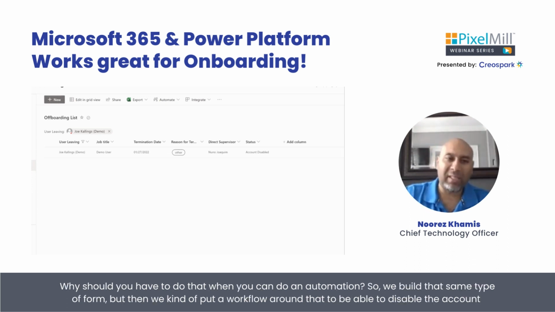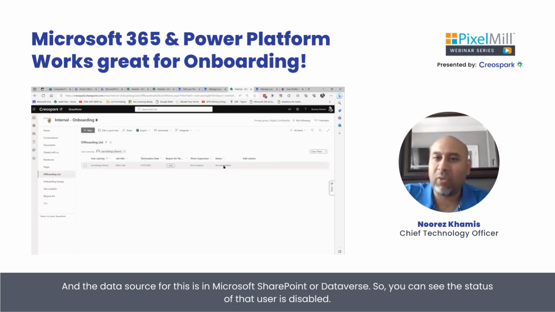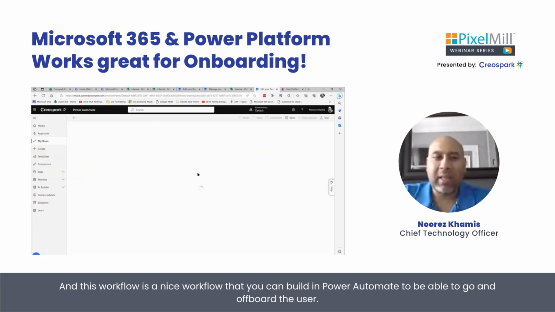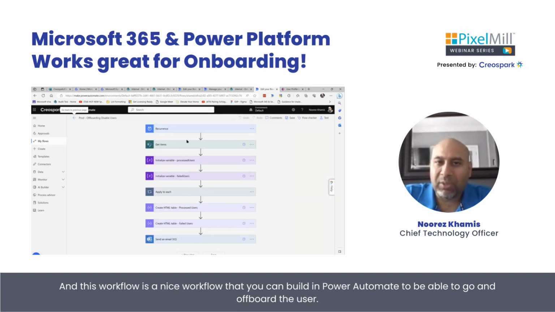So we built that same type of form, but then we put a workflow around that to be able to disable the account. And the data source for this is in Microsoft SharePoint or Databricks. So you can see the status of that user is disabled. And this workflow, same type of thing, is a nice workflow that you can build in Power Automate to be able to go and offboard the user.